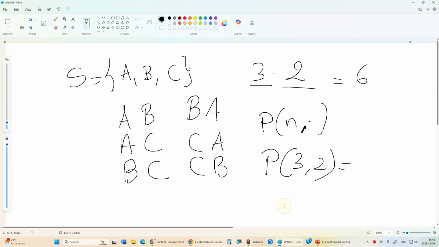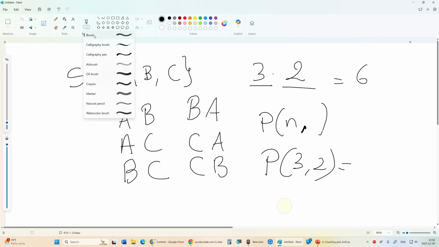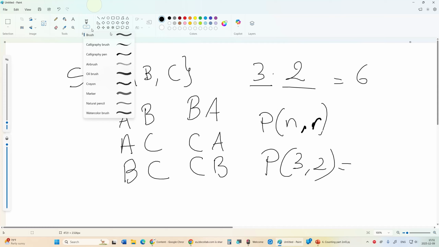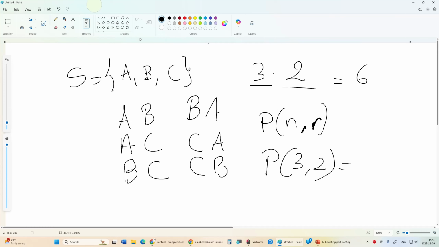Okay, I'm just going to continue like this. I'm not going to waste time. So P n of R. The formula is this thing over here.